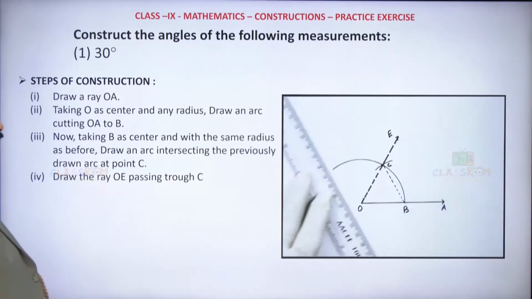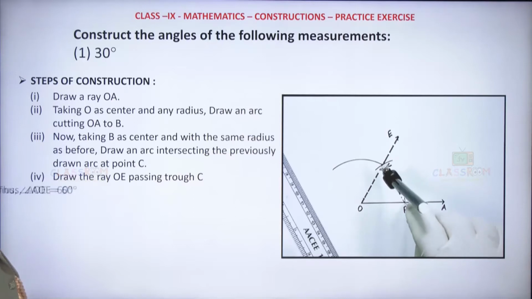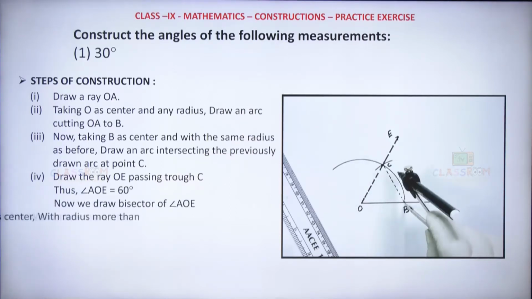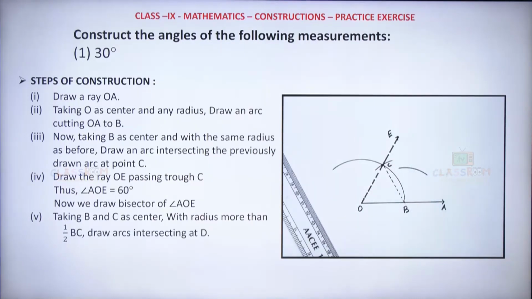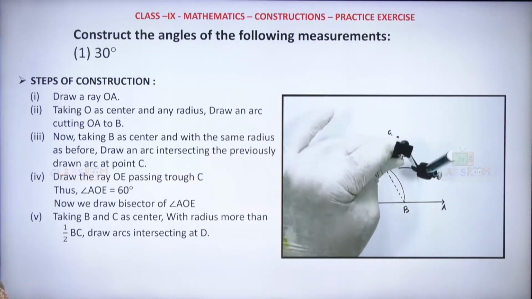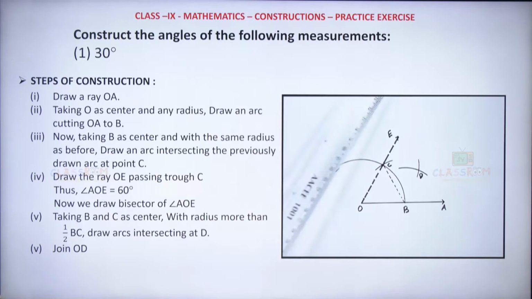Clear? So now we have to take the bisector. So taking B and C as center and radius more than half BC, draw the two arcs, and these two arcs, they intersect each other at D. So now join OD.